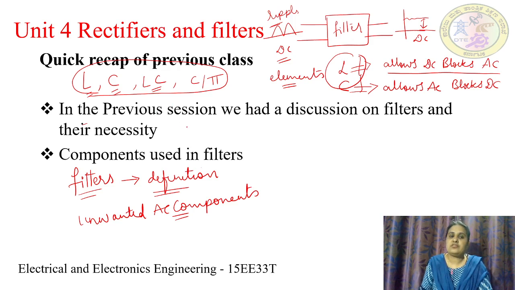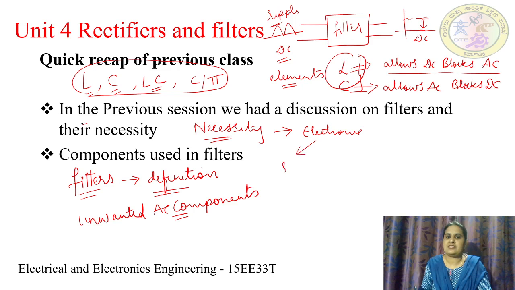Then we also discussed why we go for a filter, and what the necessity of the filter was. The main necessity is that electronic devices are sensitive to noise. Therefore, the noise component, which resembles ripples, has to be removed, otherwise the electronic circuit behavior is abnormal. Therefore, we compulsorily use the filter circuit.